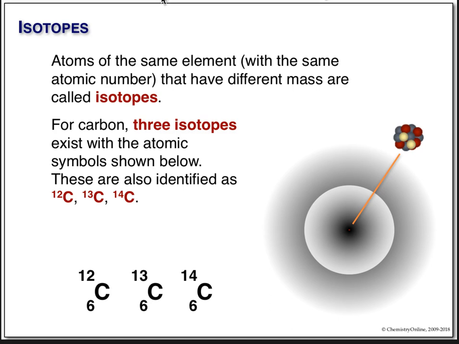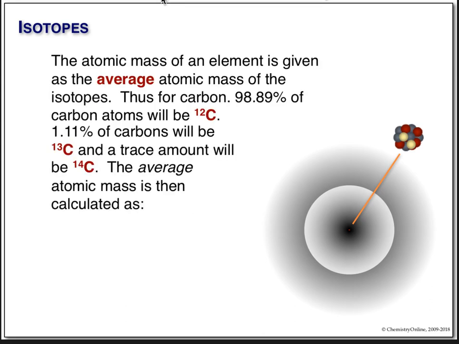If you want to do quantitative chemistry, how much does carbon weigh? Doesn't weigh 12, doesn't weigh 13, it's a weighted average. In order to figure that out, you need to know what the, quote, natural abundance is. That simply means of the carbon on Earth, what percentage is carbon 12, what percentage is carbon 13, and 14.